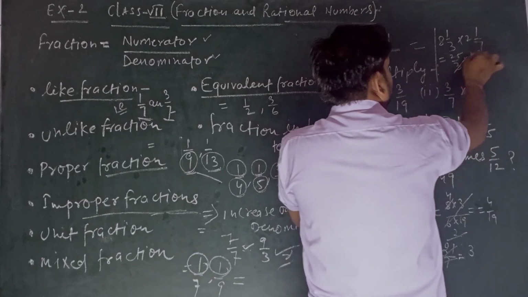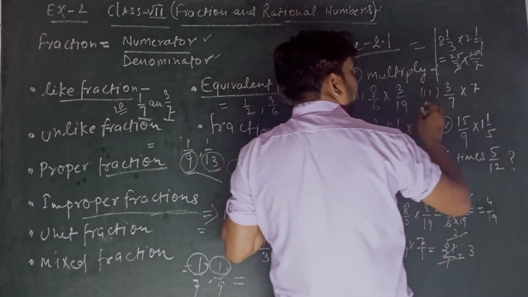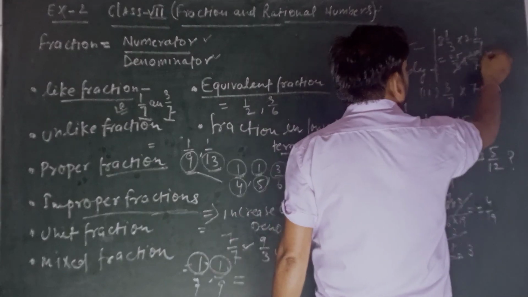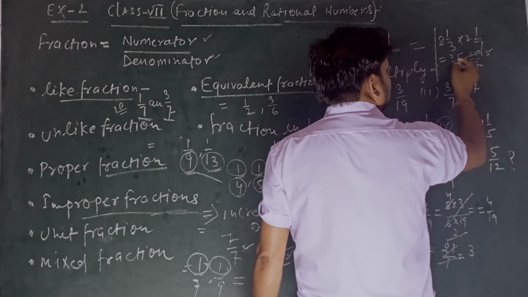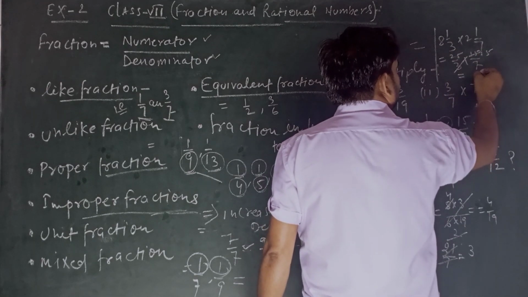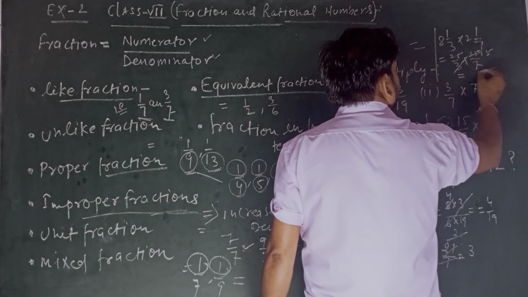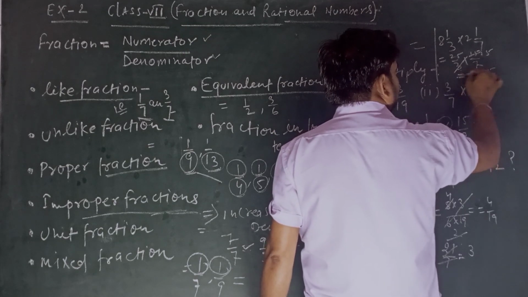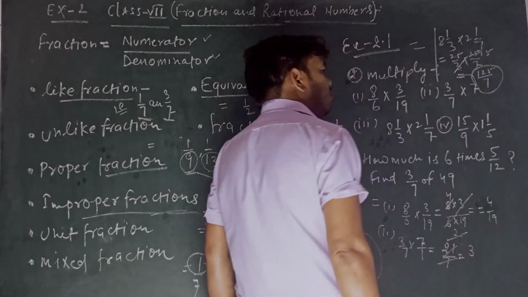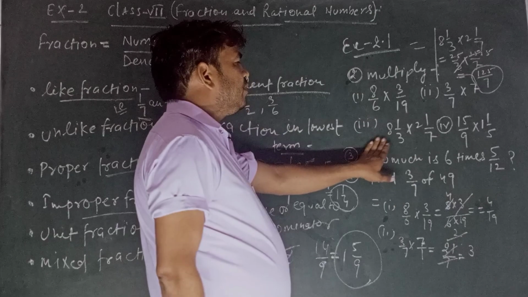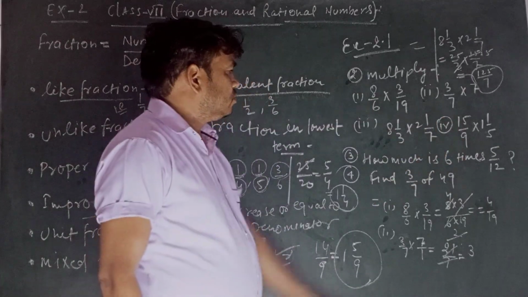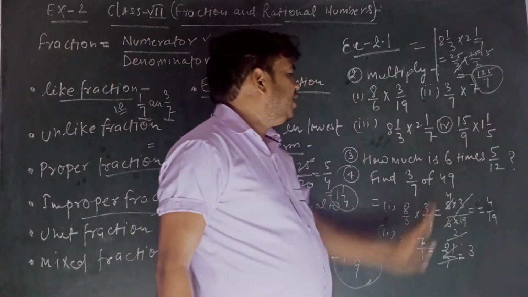Here you can make the clarification. 3 fives are 15, and 25 fives are 125, and here 7. So that is the answer, 125/7. In the same way, students, you can also make a solution here.